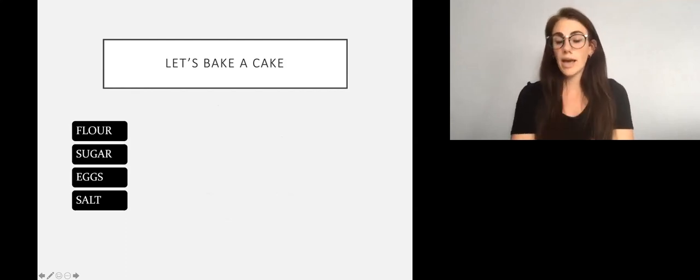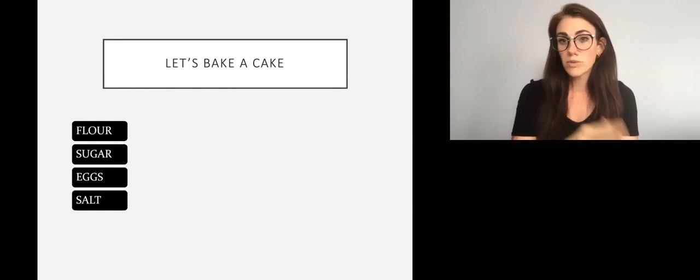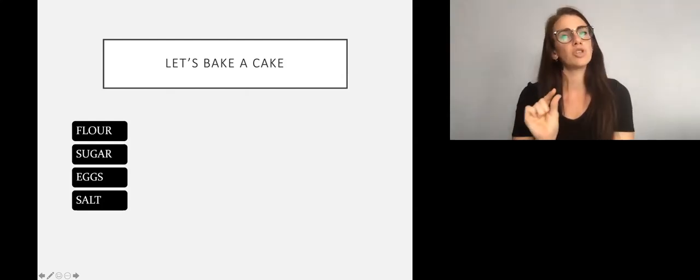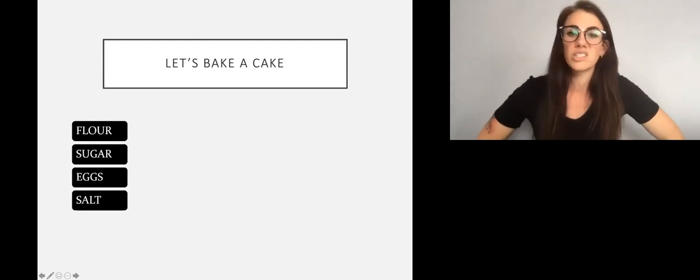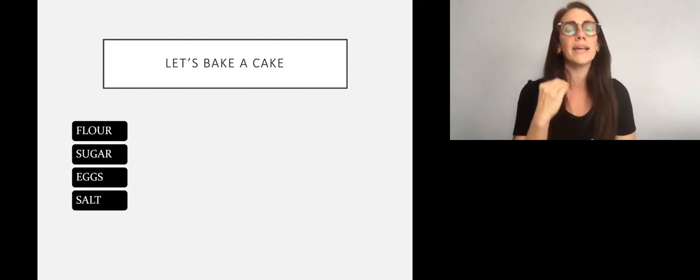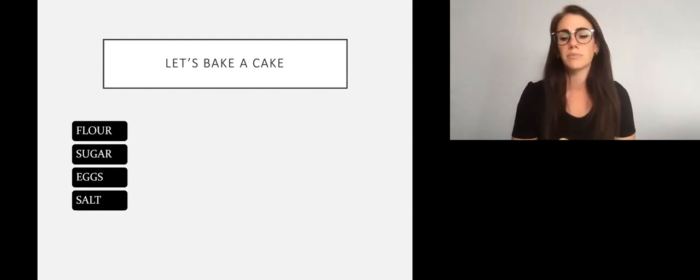So if you're looking at the ingredients, they're in order of what you would use the most of to what you would use the least of, right? So we would use the most flour. Next would be sugar, a couple of eggs, and just a pinch of salt. Remember, salt is in baked goods to enhance the flavor, but if you put too much, you ruin it. And if you don't put any, it's not quite as good as it could be. So we need it, but we only need a very, very small amount, okay?